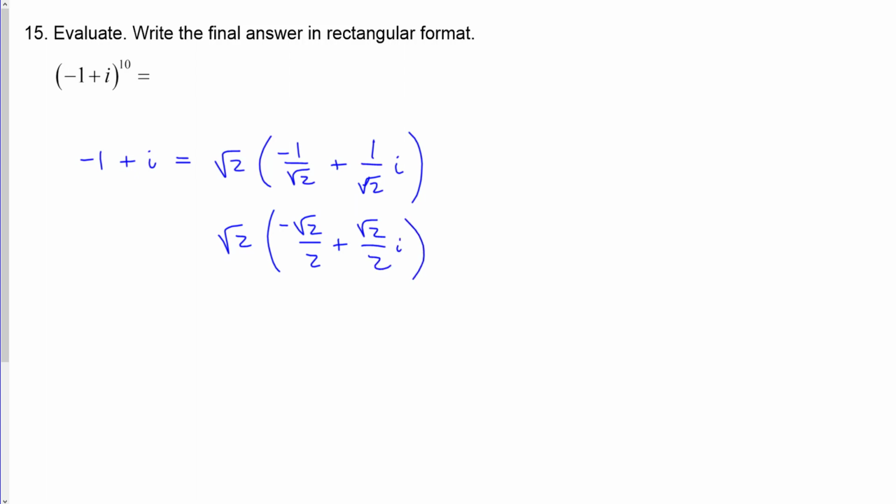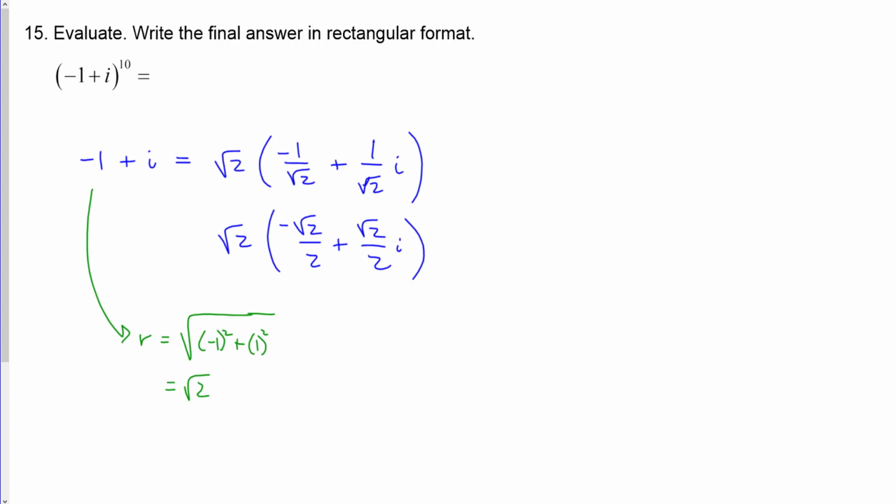And that tells me sine and cosine values. You could always use r equals the square root of negative 1 squared plus 1 squared. So that would be root 2. There's another way of coming up with it, but this is how I'm choosing.